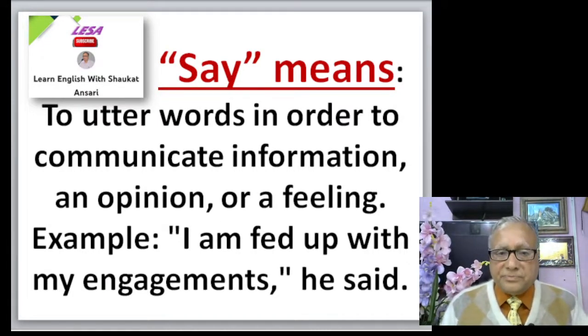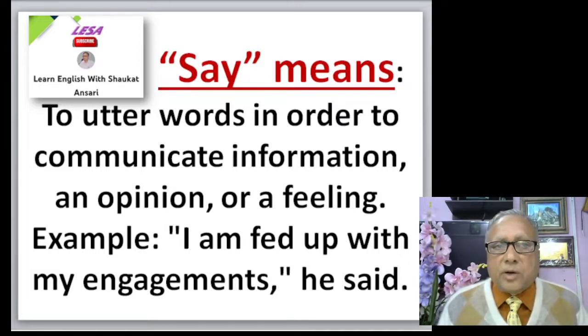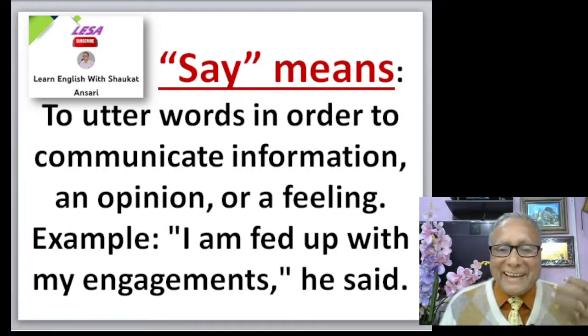Now, in an illustrated way, I would like to define the meaning of the verb say. Say means to utter words in order to communicate information, an opinion, or a feeling. I repeat, say means to utter words in order to communicate information, an opinion, or a feeling.